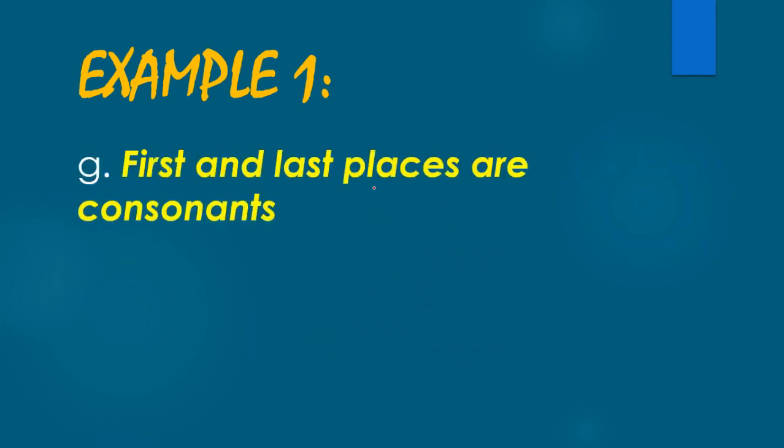If the first and last places are consonants, so when we talk about consonants, from the word formula, the consonants are F, R, M, and L, because our O, U, A are vowels. So we have 4 consonants from the word formula.